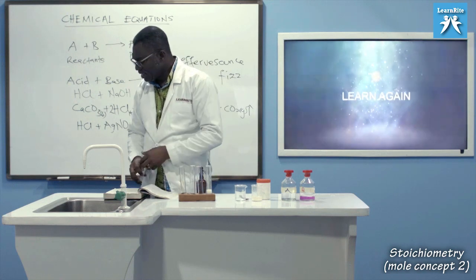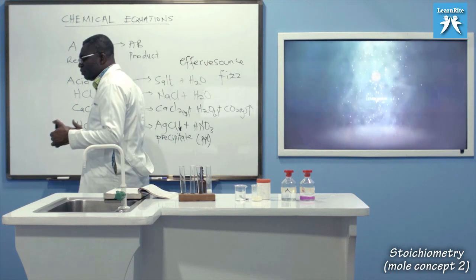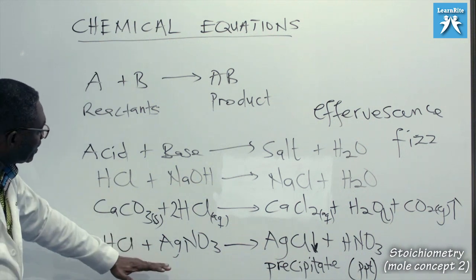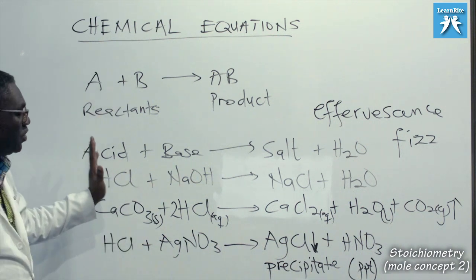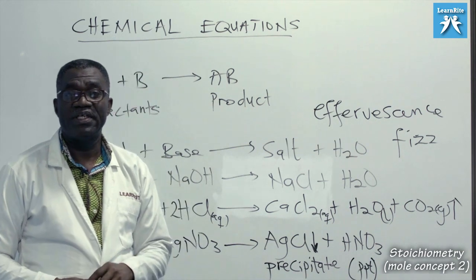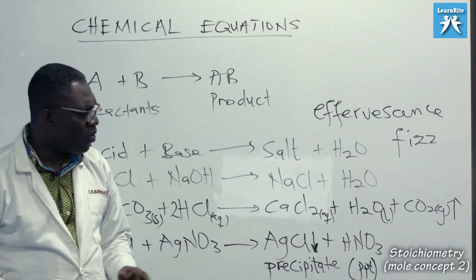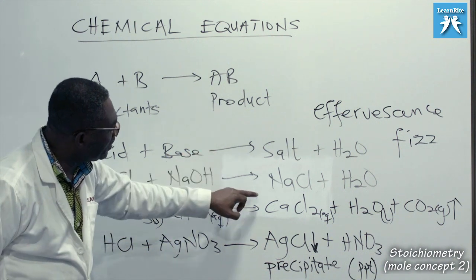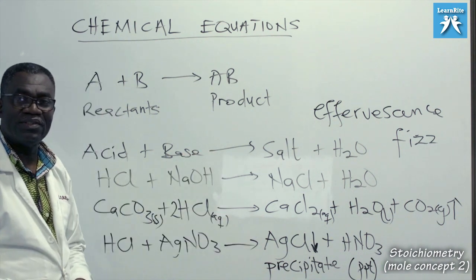Now, all these are illustrations or examples of reactions that occur. All those substances on the left are called the reactants, and those on the right are called the products. When I was writing, you saw that I used arrows.